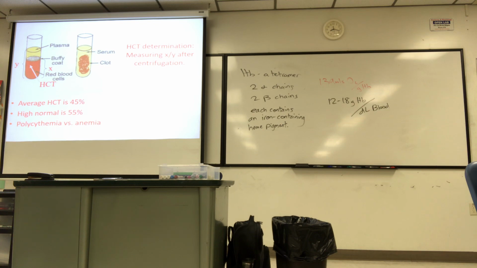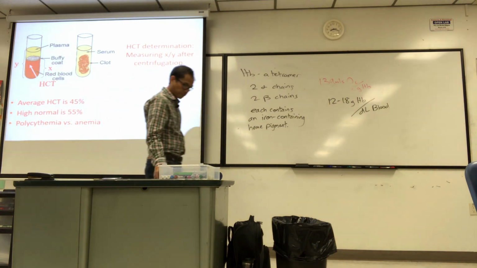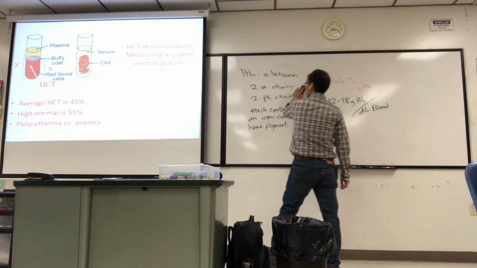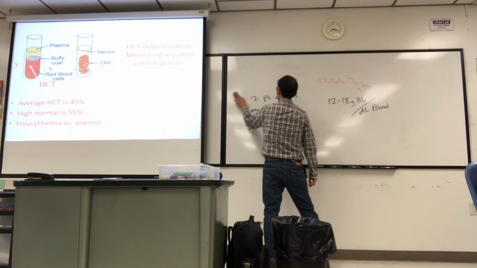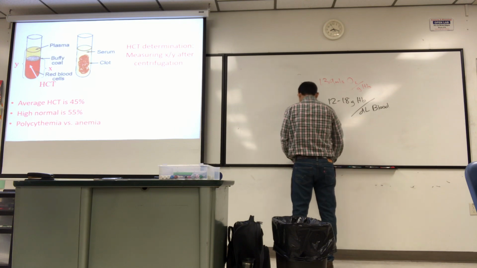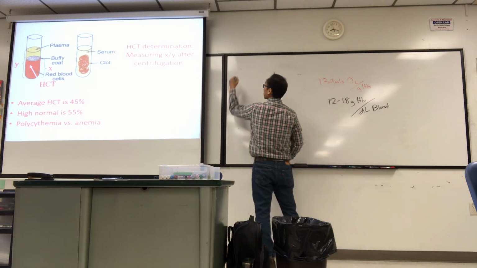So let's say you want to estimate oxygen carrying capacity in a patient. Maybe you're a hematologist. Well, you simply fractionate the blood, spin it down, and see how much you got. Call it a hematocrit determination. Let's go through all our terms.